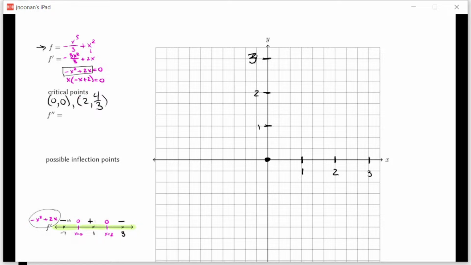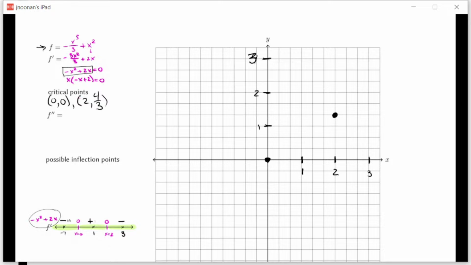You don't have to have the scales the same. In fact, if you've done log graphs in your chemistry classes, you do concentrations and use log graph paper. It's a convenient way to visualize this with different scales on the different axes. Getting back to this, there's my first critical point. My second point, 2, 4/3, is right there because of the way I did this.